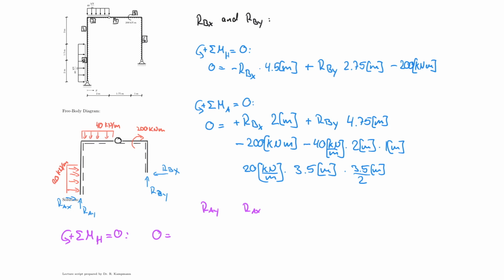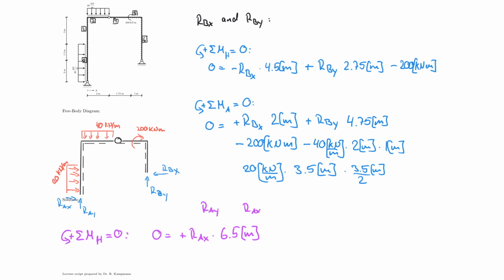And 0 would be equal to RAX times, I need to be careful, the height of that leg of the frame, which is 3 plus 2 plus, so 6.5. So times 6.5 meters, and it's turning counterclockwise, so therefore it's positive.